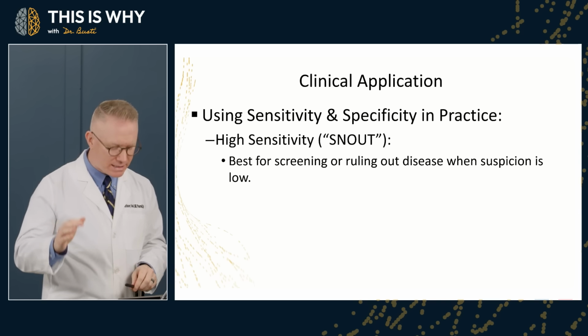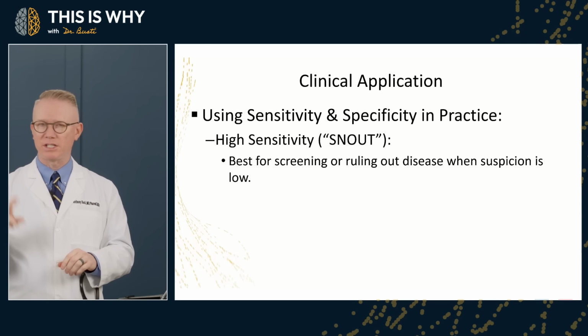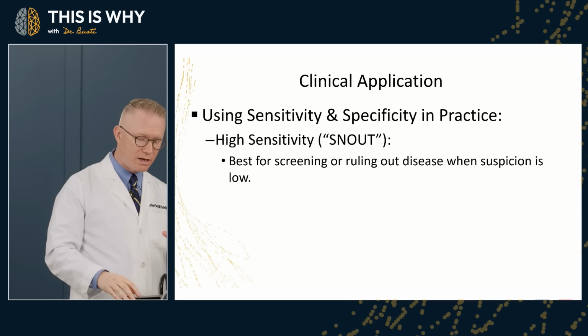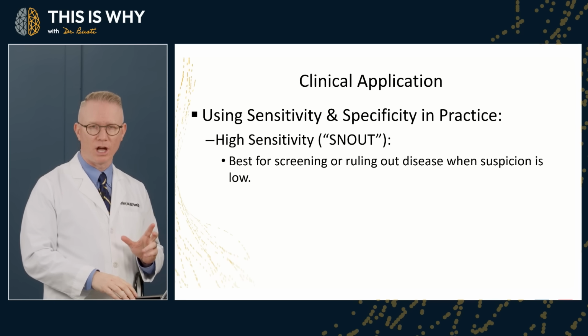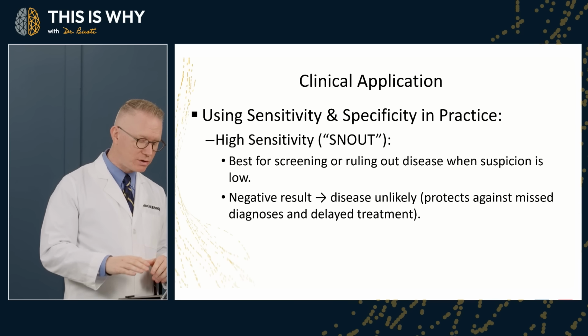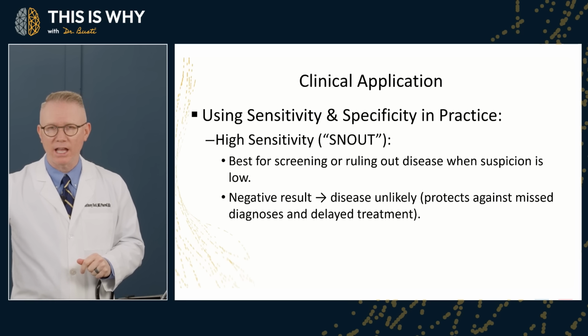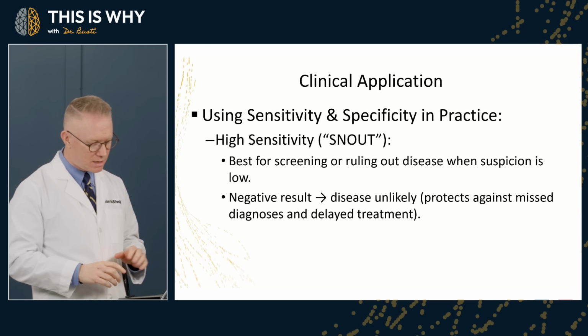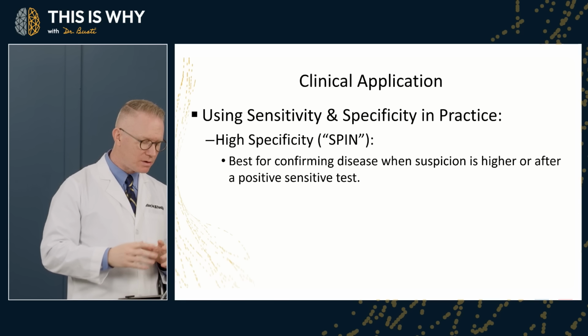So remember, high sensitivity, SNOUT, this is best for screening and ruling out disease when suspicion is low. A negative result, disease is unlikely, that protects you against missed diagnoses or delayed treatment.